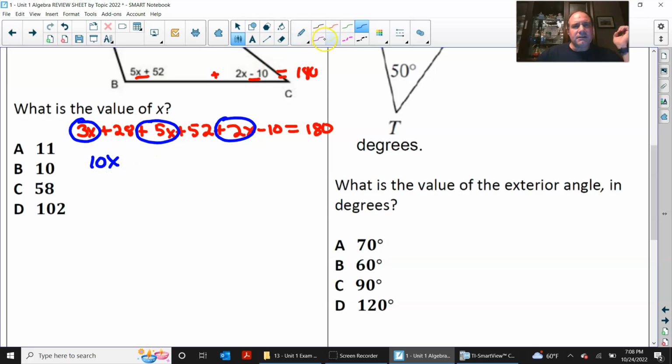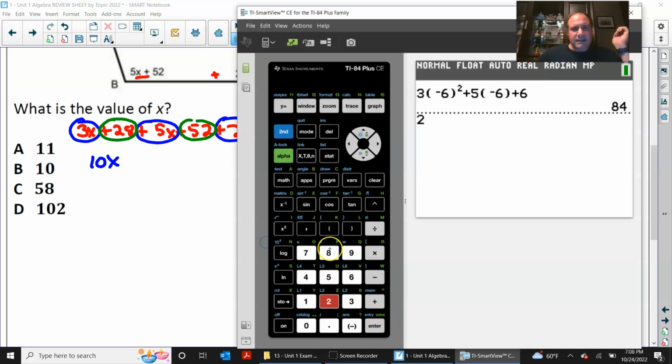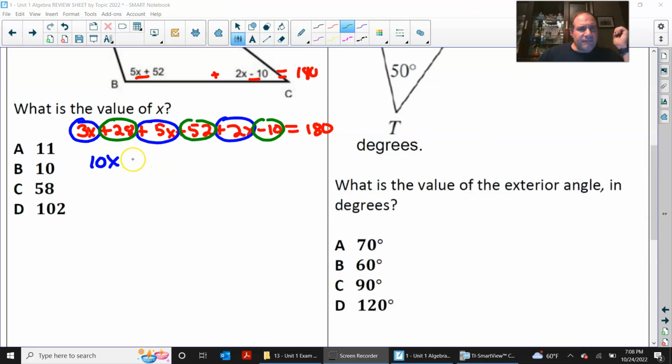Then I'm going to take the 28, the 52, and the minus 10. 28 plus 52 minus 10 equals 70. So I have plus 70 equals 180.